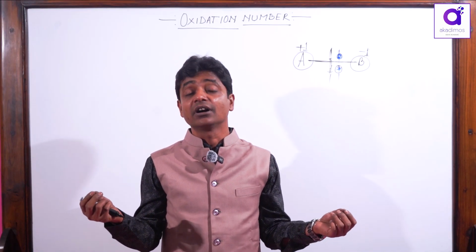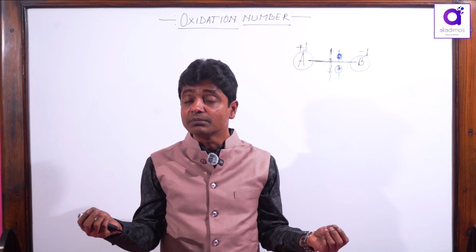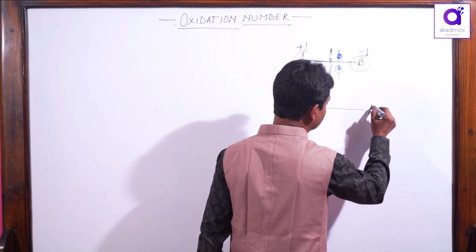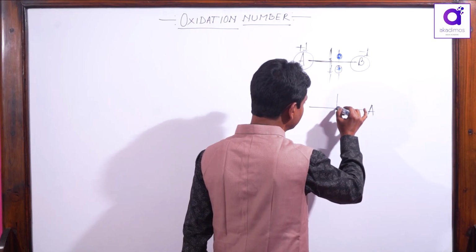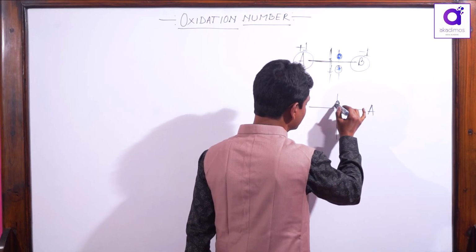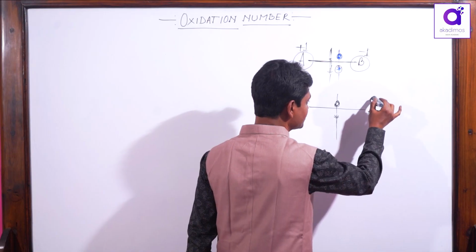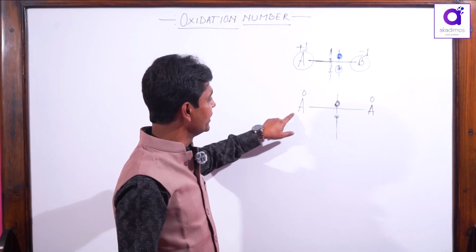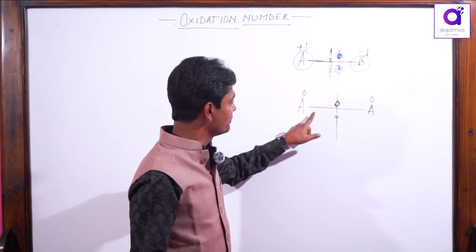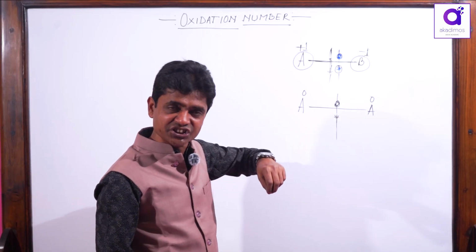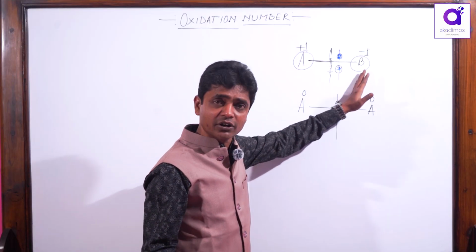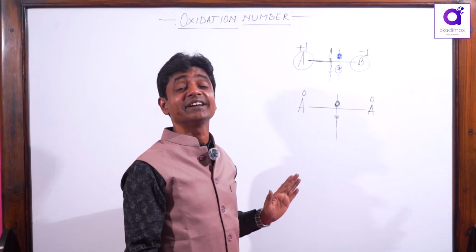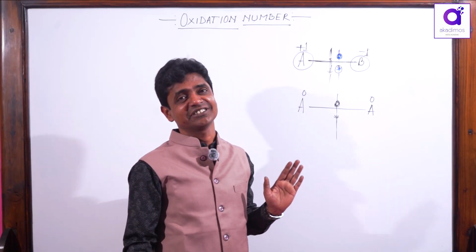That means the oxidation number of both atoms is 0. For example, if it is an A2 molecule like N2, O2, H2, then it is purely covalent. Electrons are just in the middle of the two nuclei and both oxidation numbers are 0. When there are similar atoms in a bond, both get 0 oxidation number. For different atoms, the electronegative one gets -1, the electropositive one gets +1.